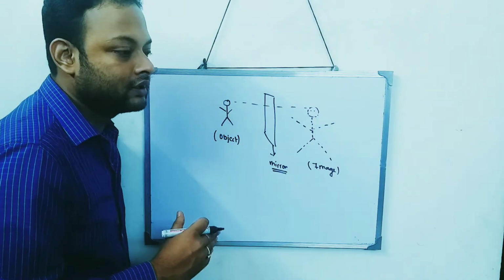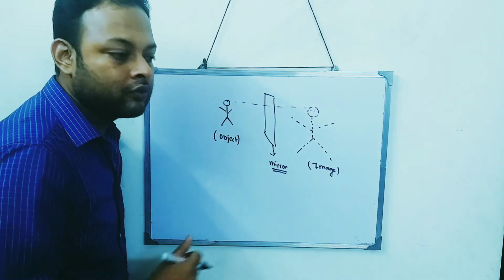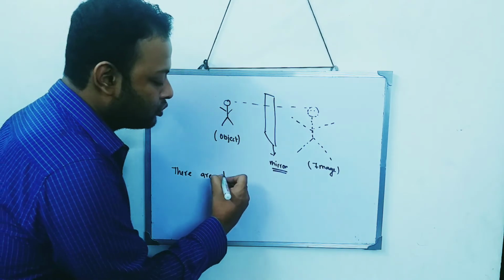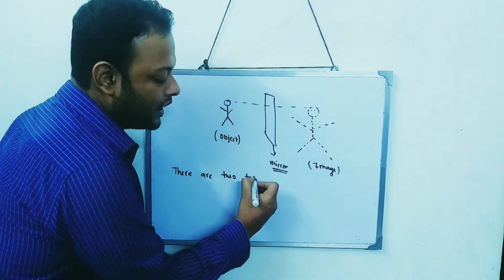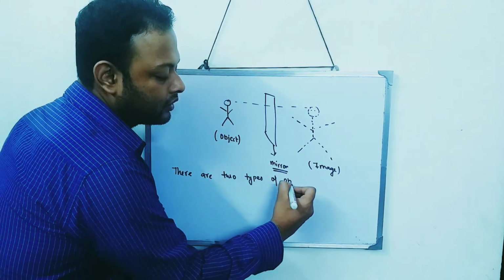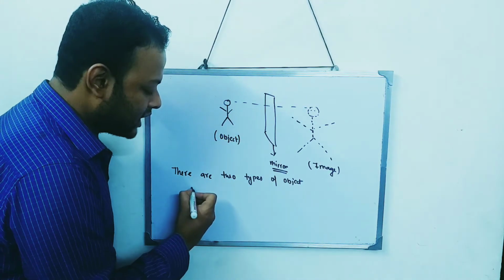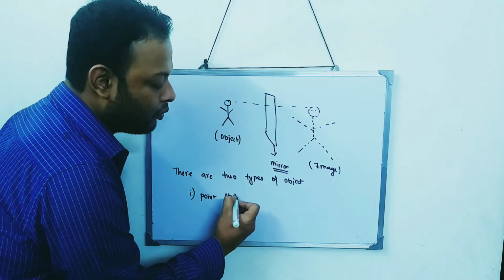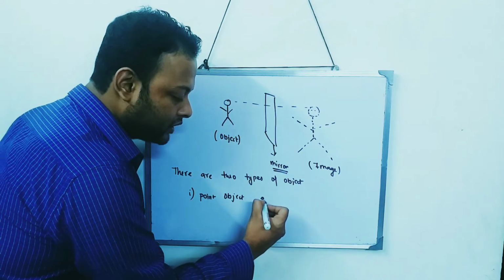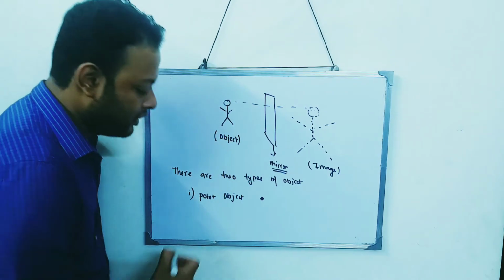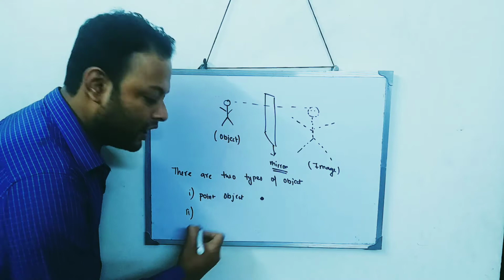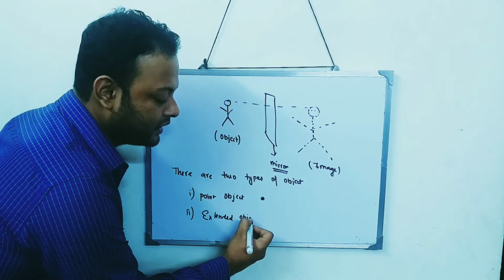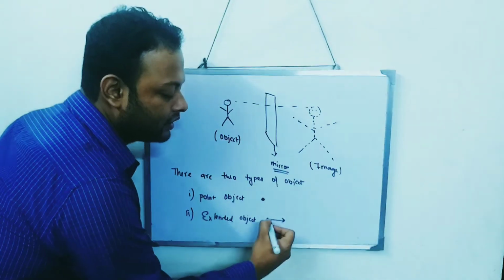Before I discuss that, I need you to know there are two types of object. The first type is called a point object, like this. The second kind is called an extended object, something like this.